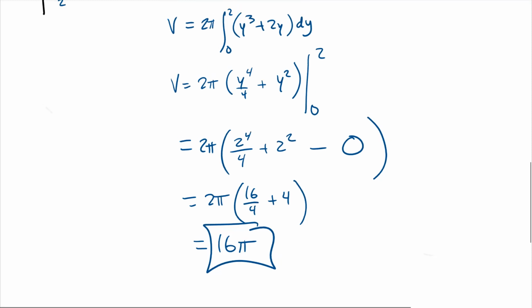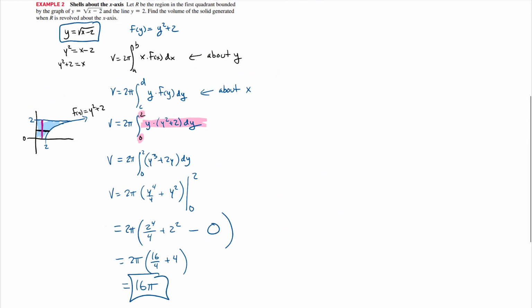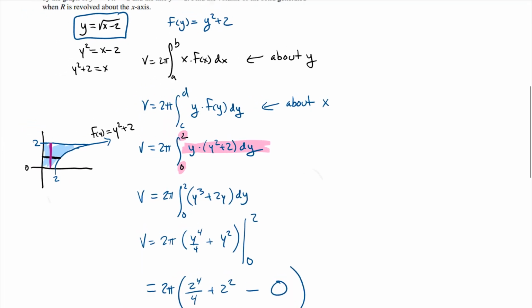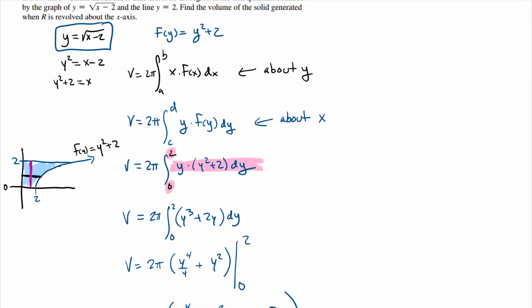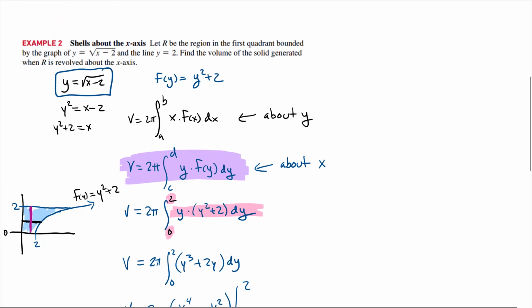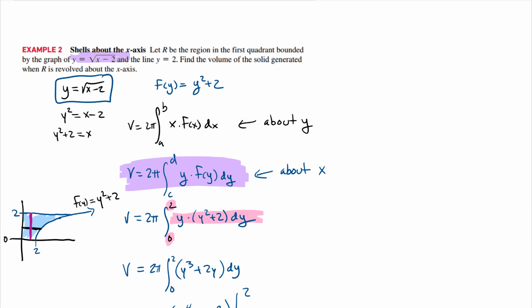Not that tough of a problem to solve with the integral, but how do you set it up? Especially when the problem gave you y is equal to the square root of x minus 2. Be ready to have to solve for the other variable. Know that that's a possibility as you're going through your checklist.